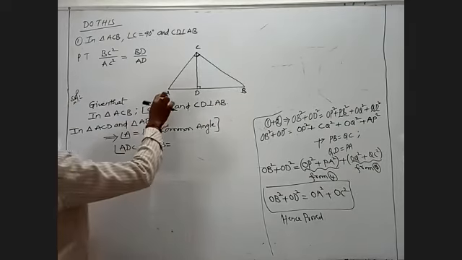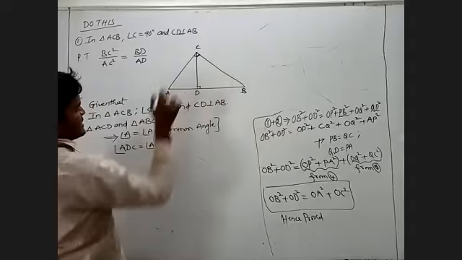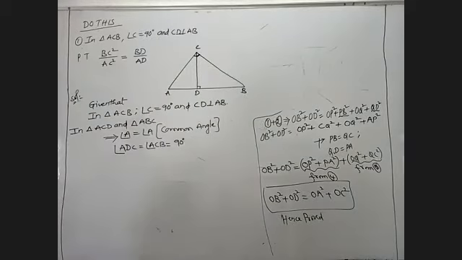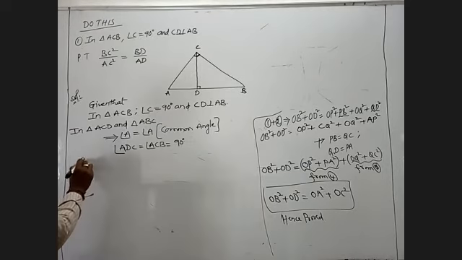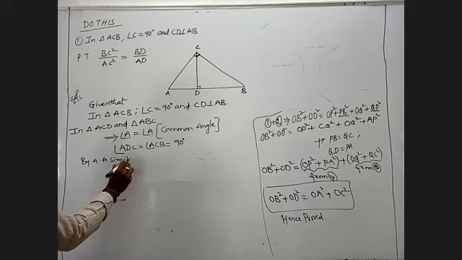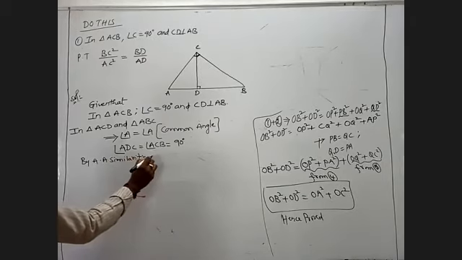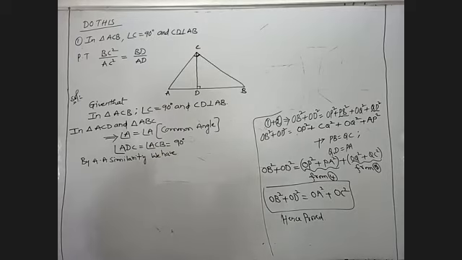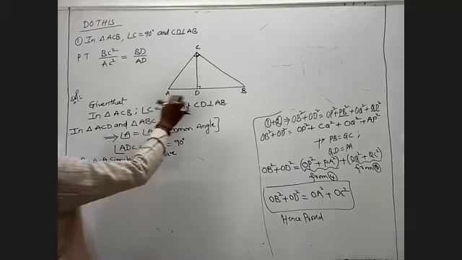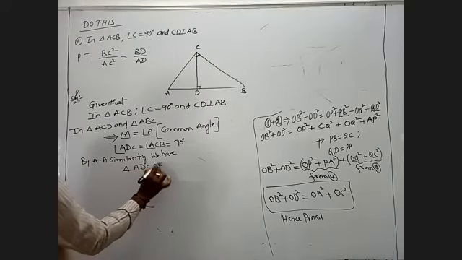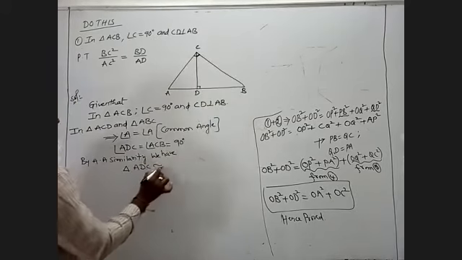After that we take triangle ACB, angle C also consists of 90 degrees. From AA similarity, we have triangle ADC is similar to triangle ABC, right?